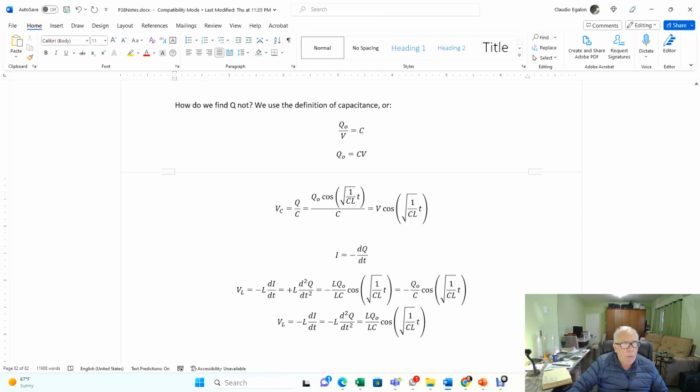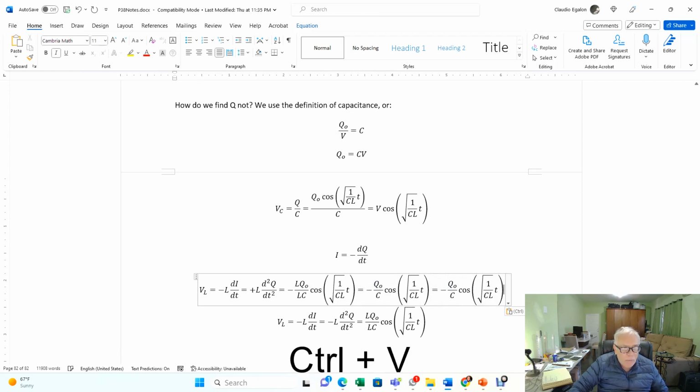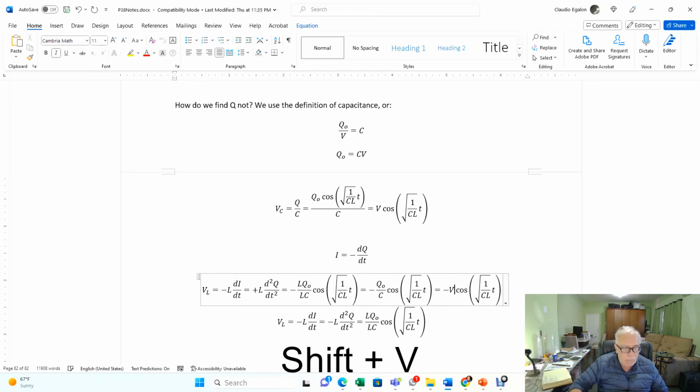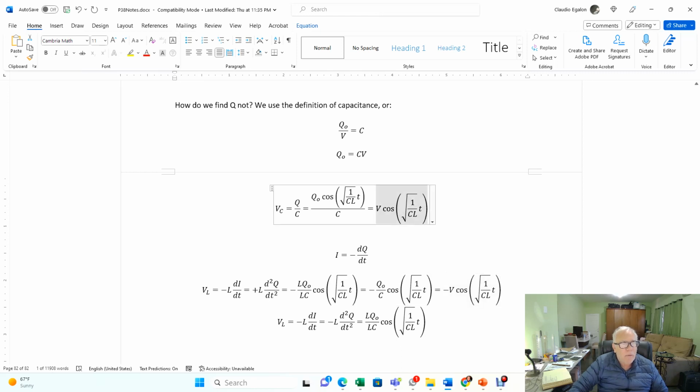Which, by the way, compare that with the VC. Okay, don't forget that's going to be my initial voltage. This term here that you see is minus the voltage of the capacitor, right? You have to have that to have conservation of energy.